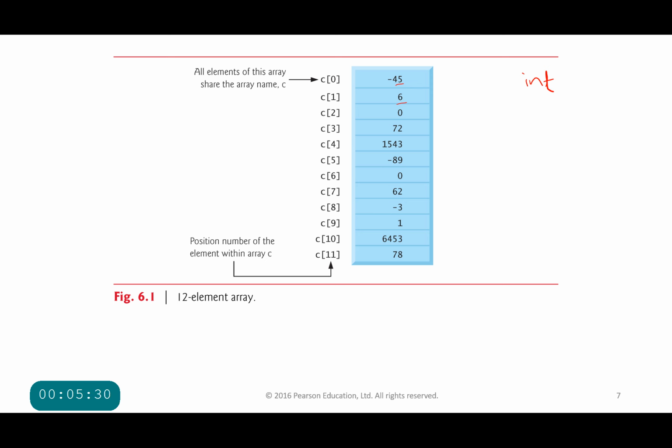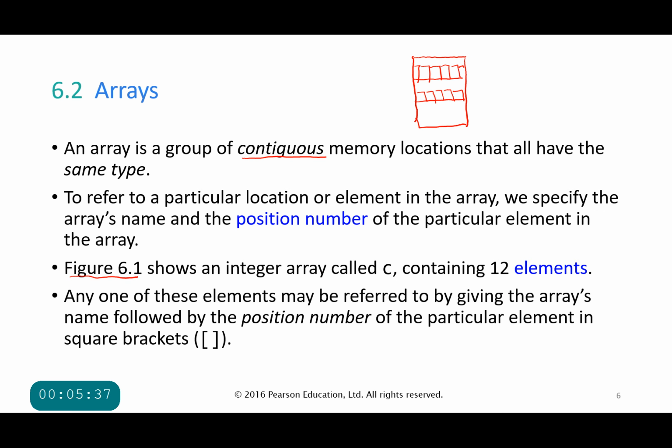Now, if you look at this array, it actually has 12 elements. And if you want to refer to one of these integers stored inside an array, so if you want to refer to the position of a particular element, you need to use the name of the array.